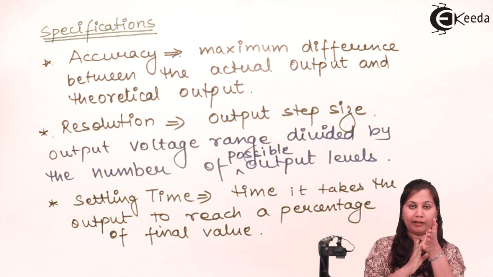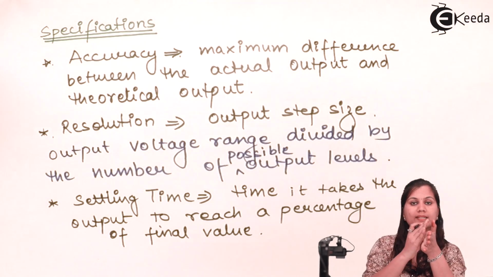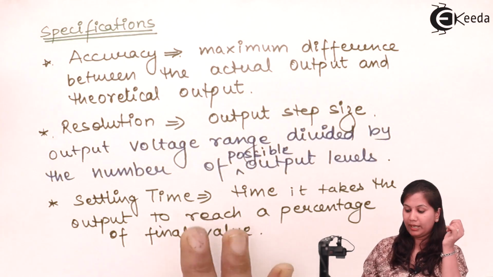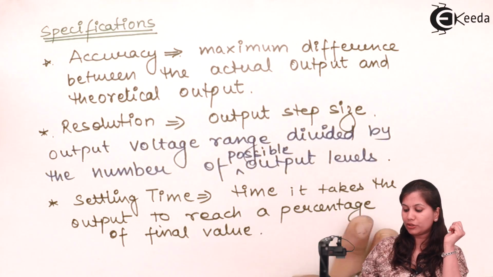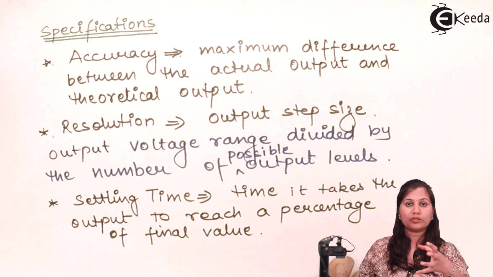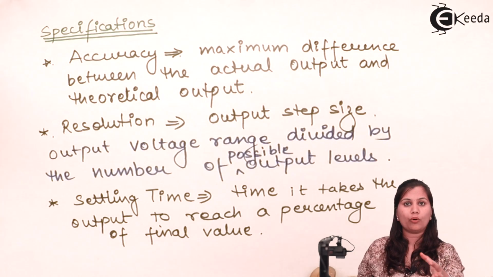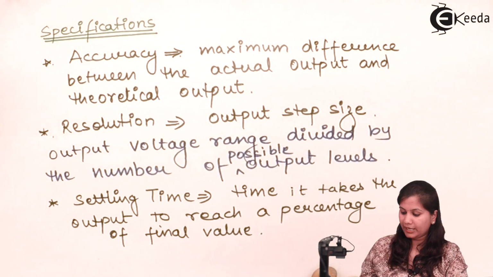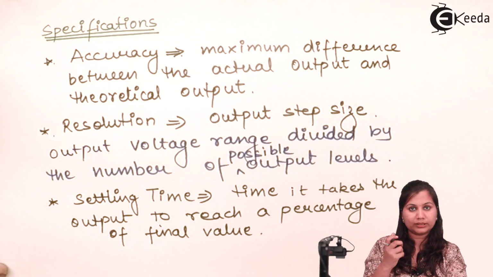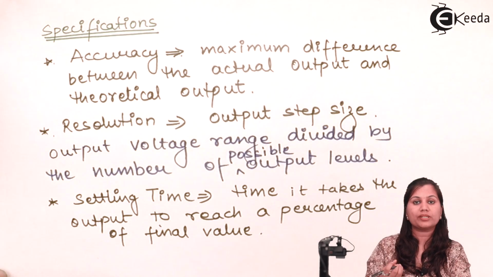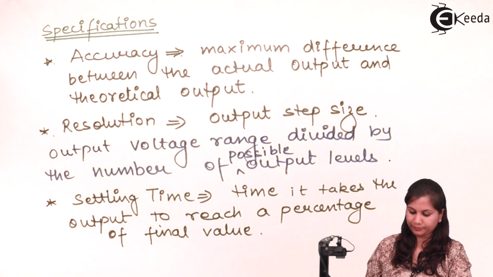Until now we have reached a value of 60. So how much percentage of the final value have we reached up till now? That is the settling time: the time it takes the output to reach a percentage of the final value. Suppose we ask how much time the system takes to reach 70% of the final value. When 70% is reached, the time which is taken is the settling time. How much time it takes to settle to this much value.